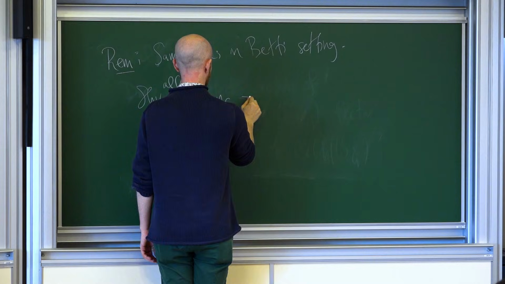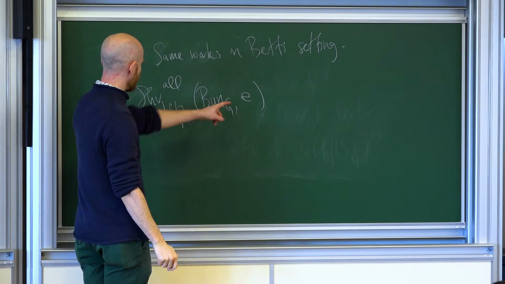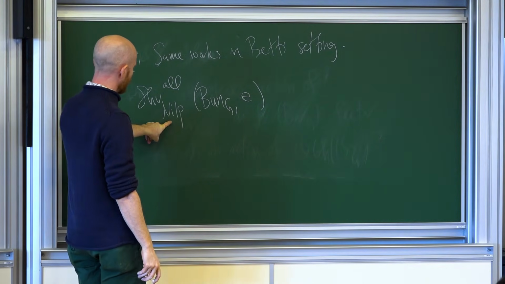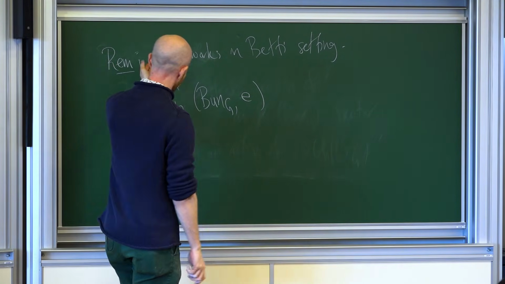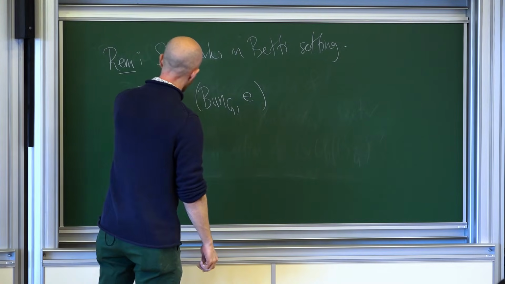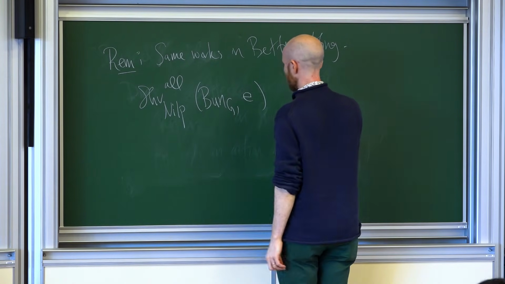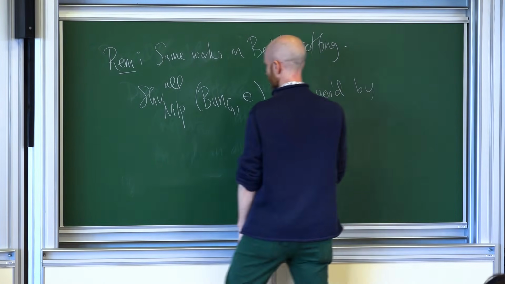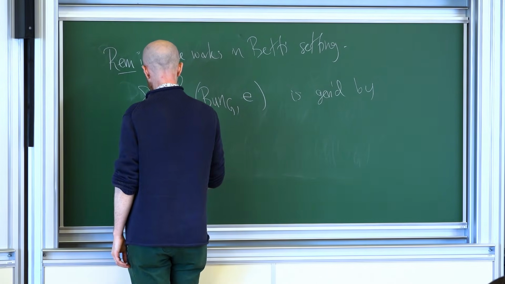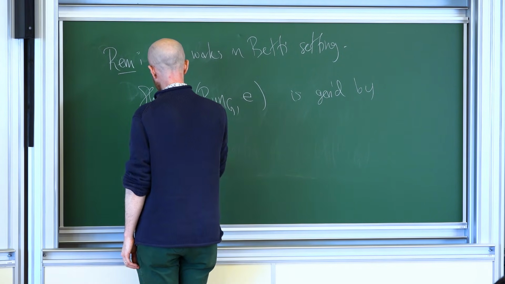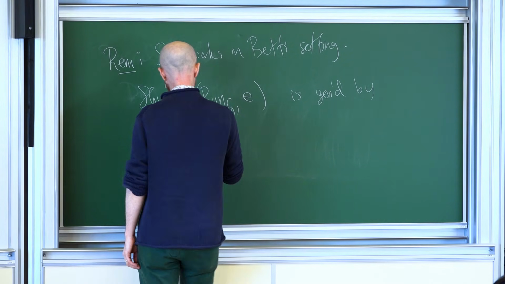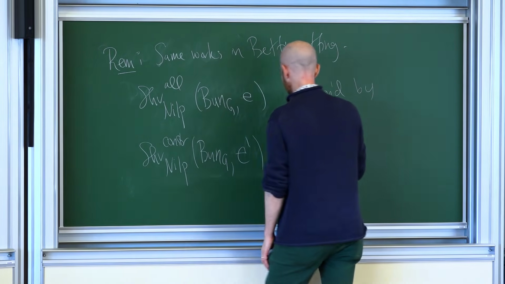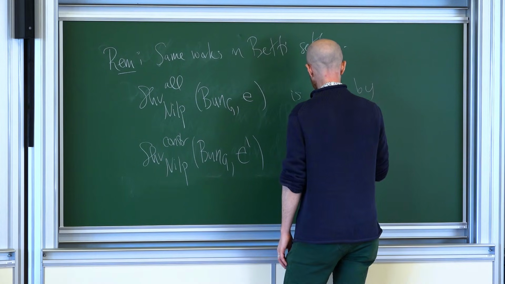Let me emphasize for a second, I'll deal with E coefficients. So I allow infinite rank local systems with nilpotent singular support. I allow weakly constructible sheaves with nilpotent singular support. And this is generated by this sheaves nilp, not weakly constructible, but honestly constructible on Bun-G, but I allow E prime, and this is for all E primes over E.